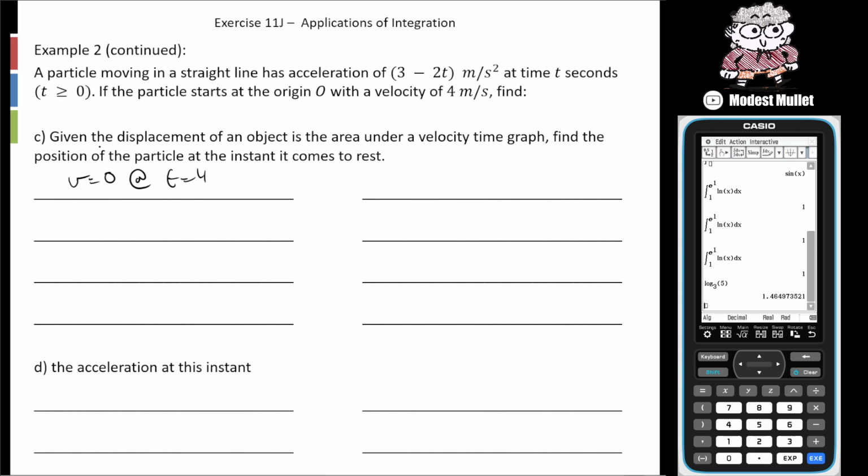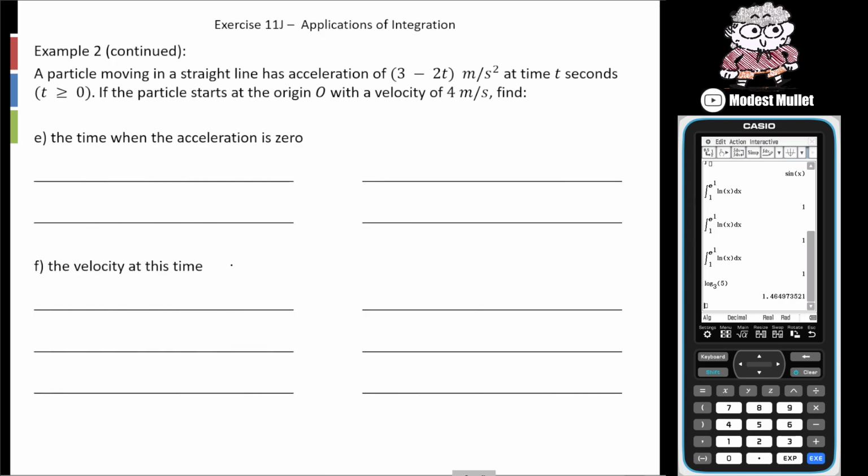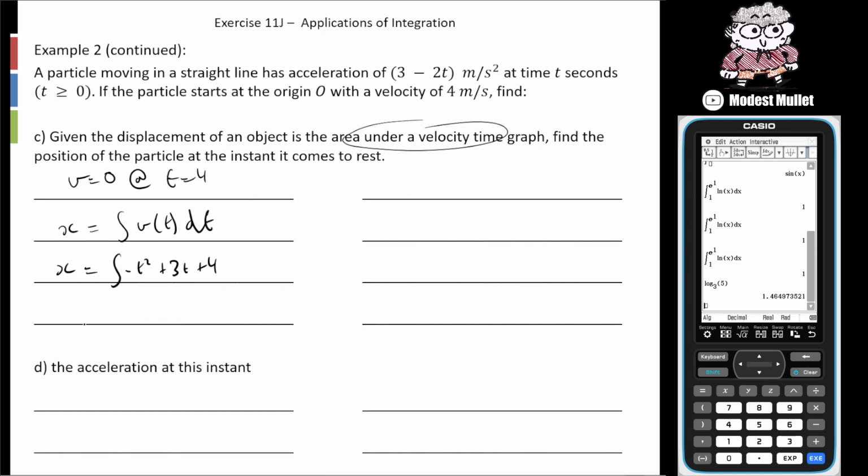So we want to find this displacement, which we can get by integrating, finding the area as it says here under a velocity time graph of the velocity function with respect to time. So x is going to equal the antiderivative of negative t squared plus 3t plus 4. This is the equation that we found previously.